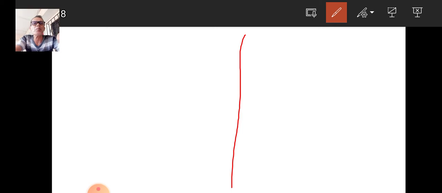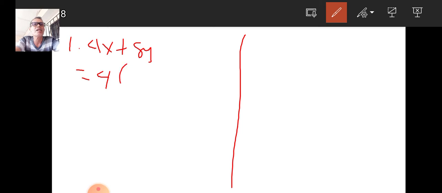For example, if we have 4x plus 8y, as you can see, 4 and 8 have the common factor of 4. So take it out, write it as your divisor, and divide the given polynomial by your divisor 4.